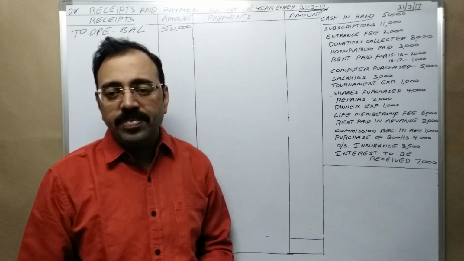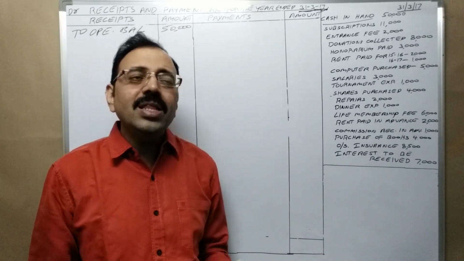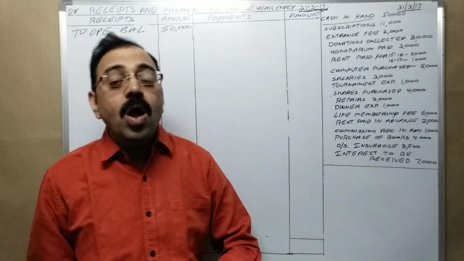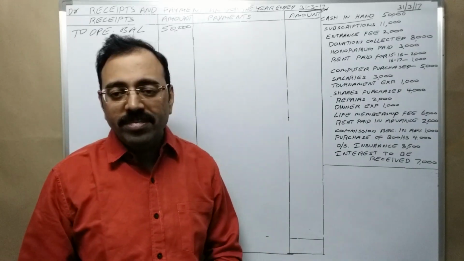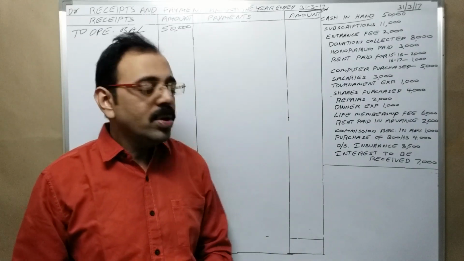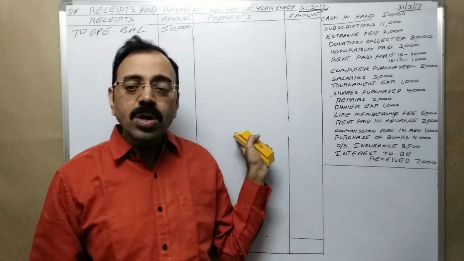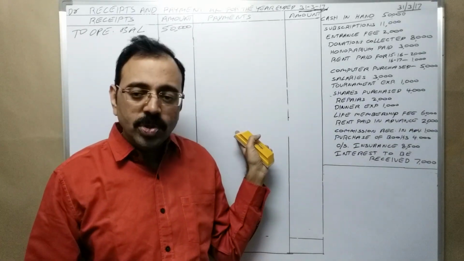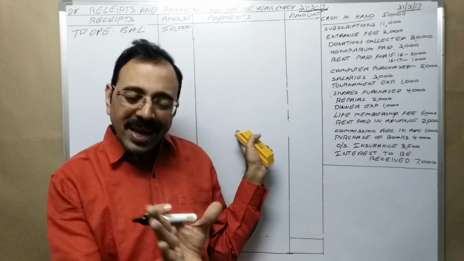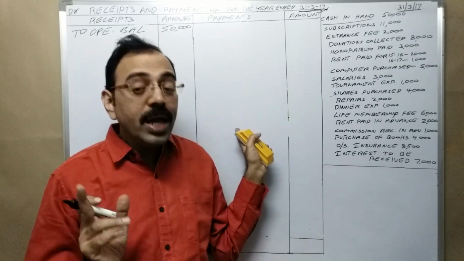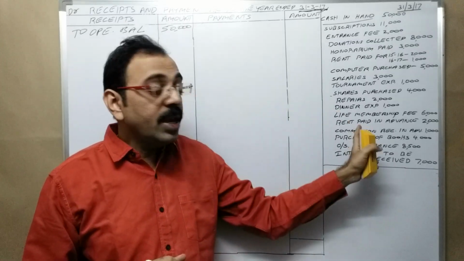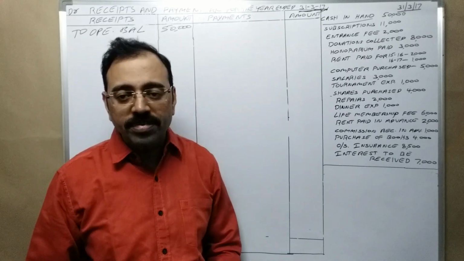Cash is coming. You need not think whether this is capital income or revenue income. Why? You know, in receipts and payments account, we record both. So you need not bother about that category.